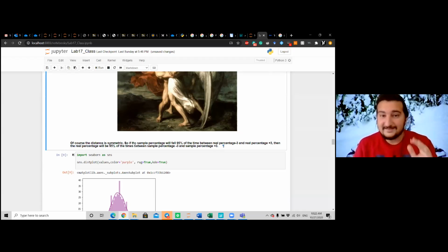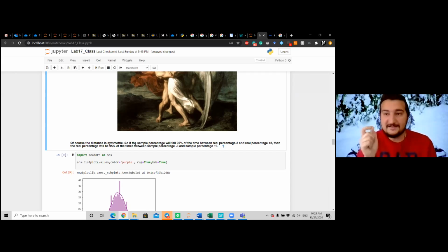If the sample percentage will fall 95% of the time between real percentage -3 and real percentage +3, then the real percentage will be 95% of the times between sample percentage -3 and sample percentage +3.